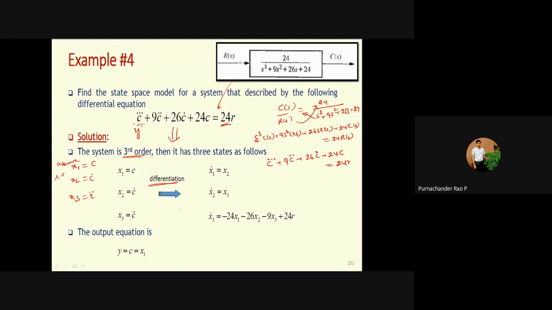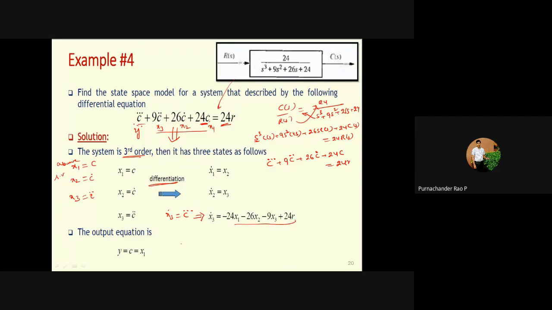So this implies that c triple dash is equal to, from this equation, minus 24c minus 26c dash minus 9c double dash plus 24r. So c is nothing but x1, c dash is nothing but x2, and c double dash is x3. So these equations can be represented here.